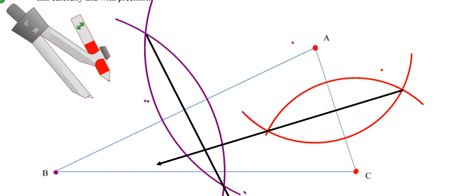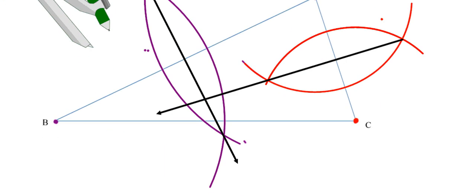And then lastly, I think I'll do the bisector of side BC using my green compass or my green pen. So those are the endpoints that I want to use now.